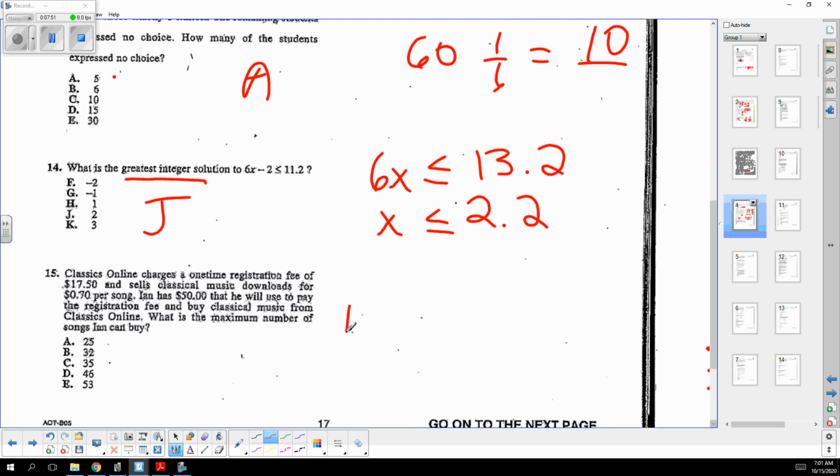One-time registration fee, and we sell downloads for 0.70 per song. So how many songs can Ian download max? He's got $50.